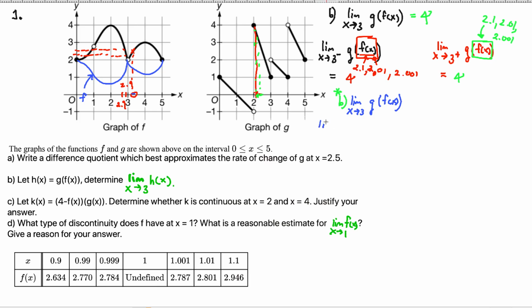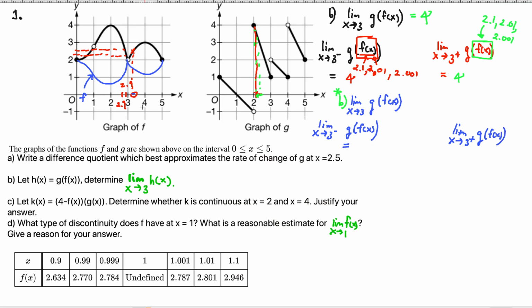And again, limit as x goes to 3 from the left of g of f of x. And let's investigate limit as x goes to 3 from the right of g of f of x. And let's see what we get in this case.